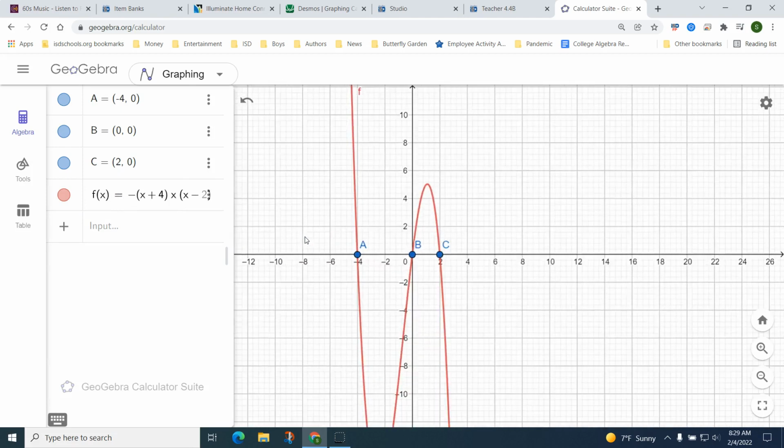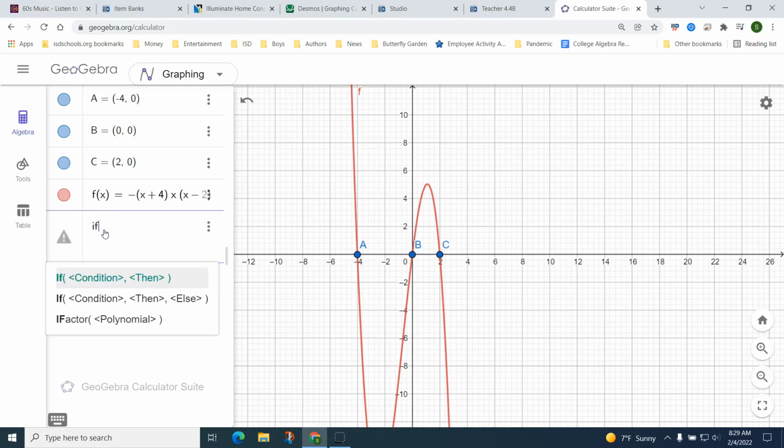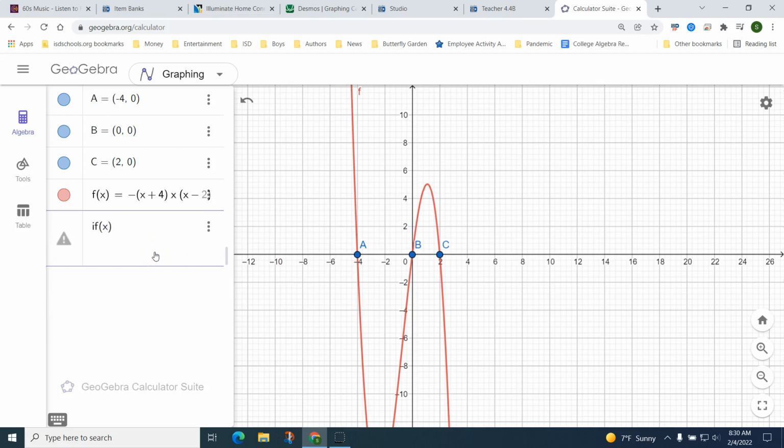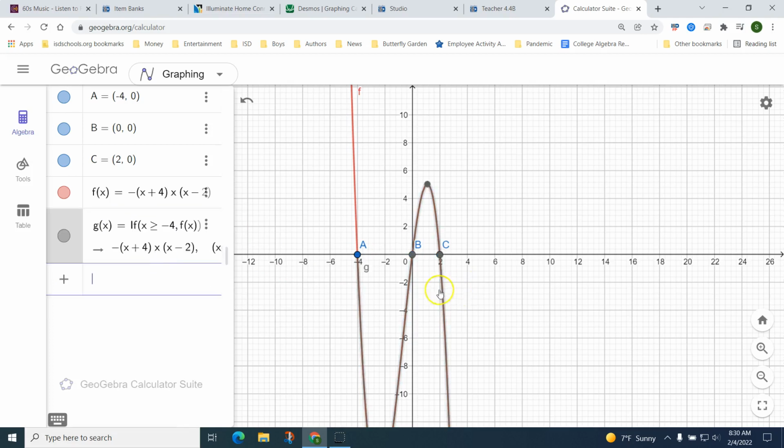So now this one started at negative 4. So I'm going to type my if, then do my condition statement. So if x is greater than or equal to negative 4, then f. All right, now we got a black color there. So let's hide this, and that is exactly what we were looking at a few minutes ago.